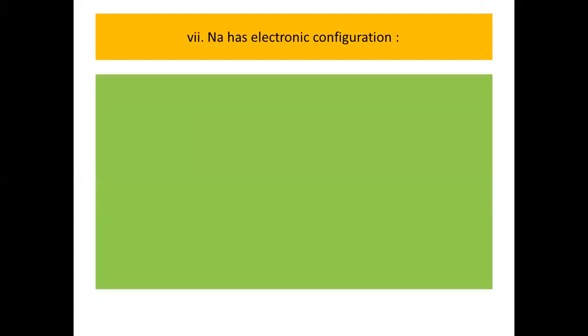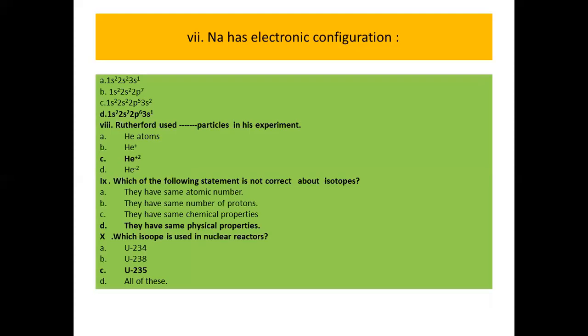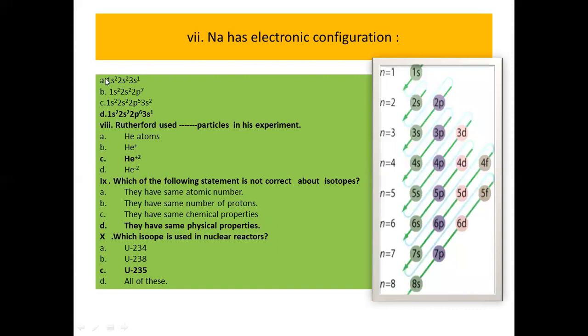Sodium has atomic number 11, and which one will be its electronic configuration? A, 1s2, 2s2, 3s1? No. After 1s, 2s, the third one is 2p, then 3s. This is wrong.